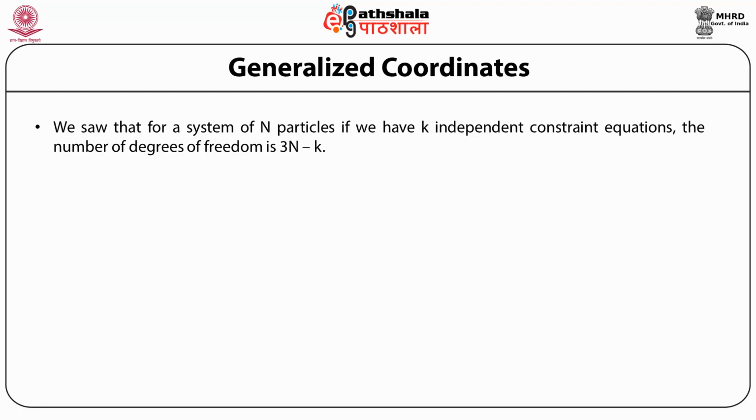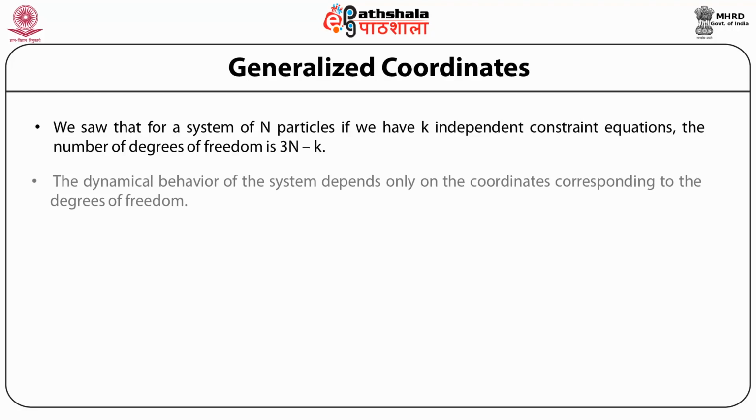So n particles have 3n degrees of freedom, and k independent constraint equations relate these coordinates. So the number of degrees of freedom is 3n minus k. So what does it mean? It means the dynamical behavior of the system depends only on the coordinates corresponding to the degrees of freedom.